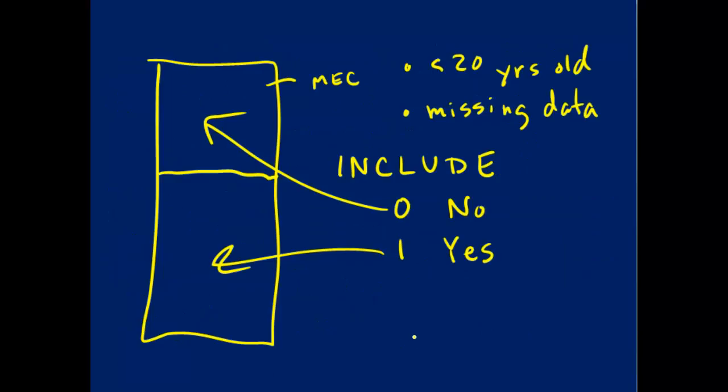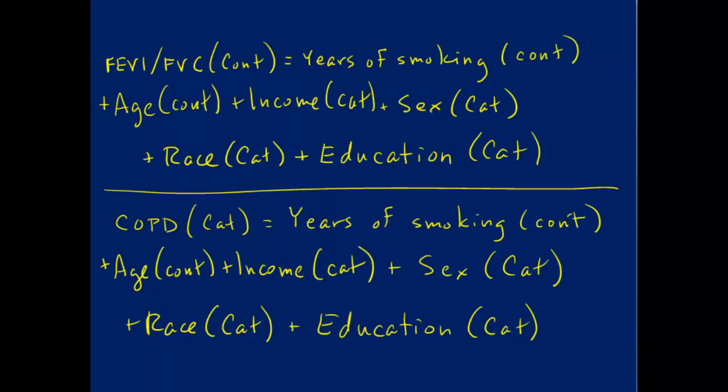Just as a reminder, I have already limited the data to those who went to the MEC. So now I want to create this variable called include, which is going to be yes if the individuals are 20 years or older and they have complete data on all of the variables in my model.